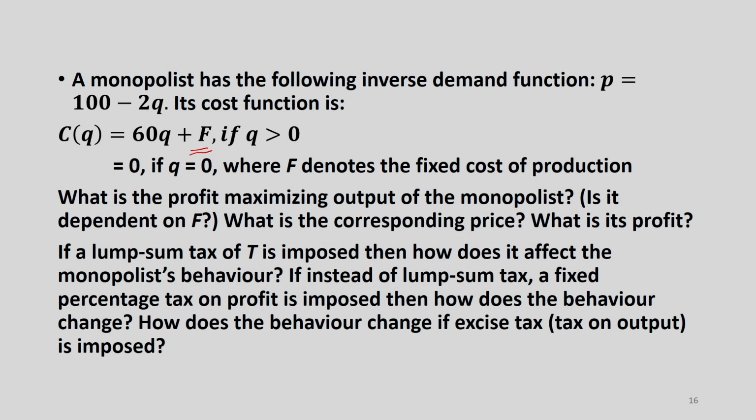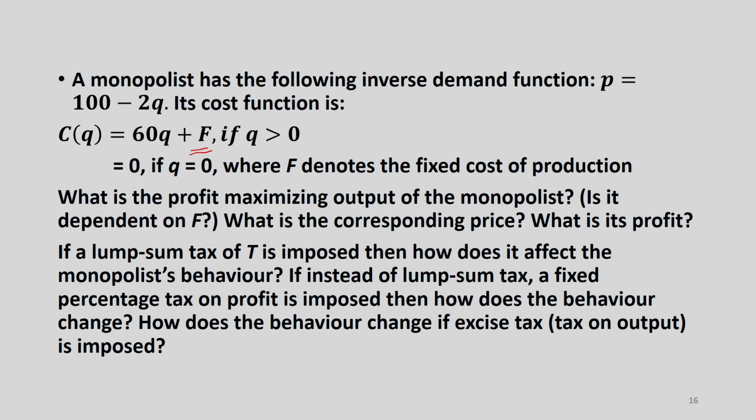And now we come to the second part. If a lump sum tax of capital T is imposed, then how does it affect the monopolist's behavior? Monopolist behavior means what is the quantity that it is going to produce, price it is going to charge, etc. If instead of lump sum tax a fixed percentage tax on profit is imposed, then how does the behavior change?